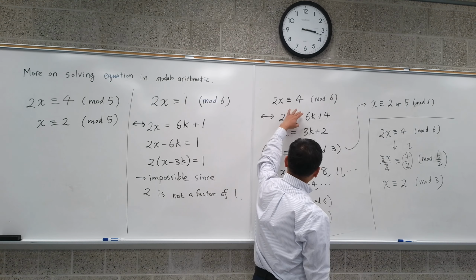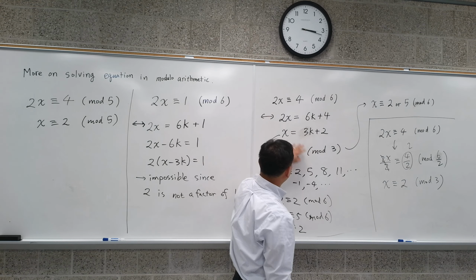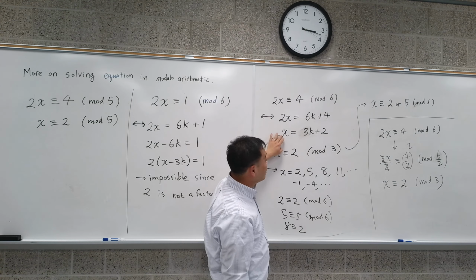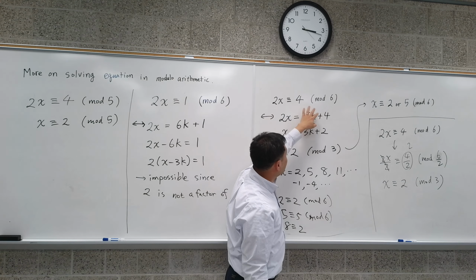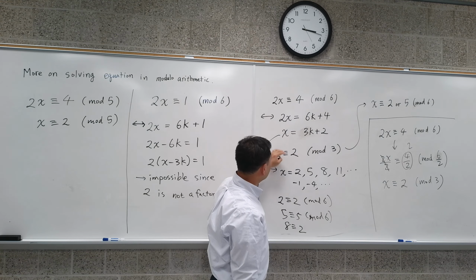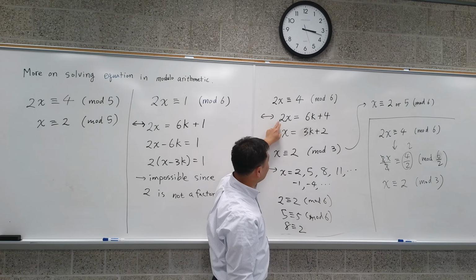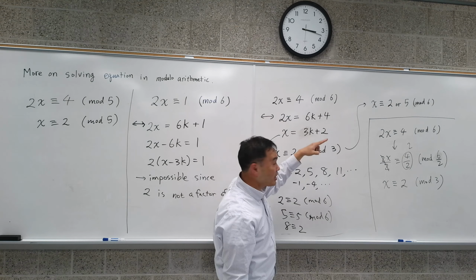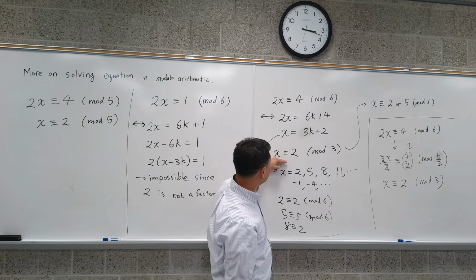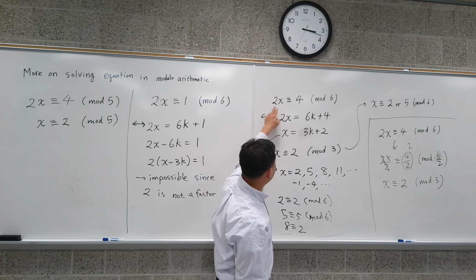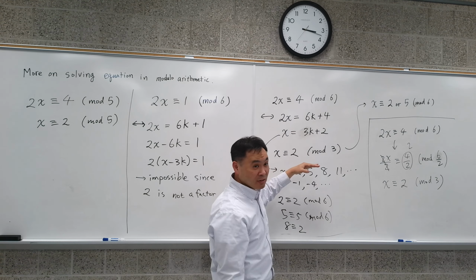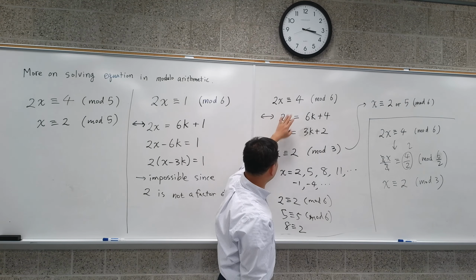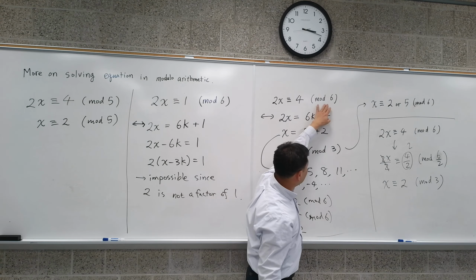So, as you can see, we went from here to there by explicitly trying to think about what's going on, right? But it turns out that if every one of these is divisible by some number, and you rewrite in this form, then that number still divides all the terms so that you can divide them, and the resulting thing is the same as taking all of these numbers and dividing by that number, dividing by 2 in this example. 2 divided by 2 is 1, 4 divided by 2 is 2, 6 divided by 2 is 3.